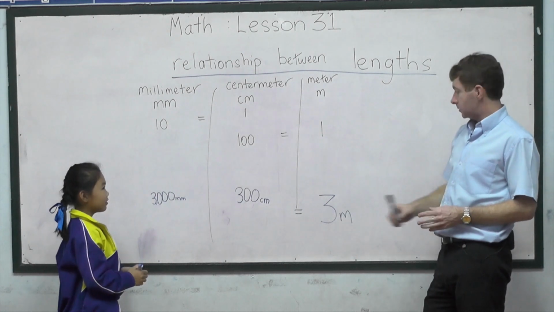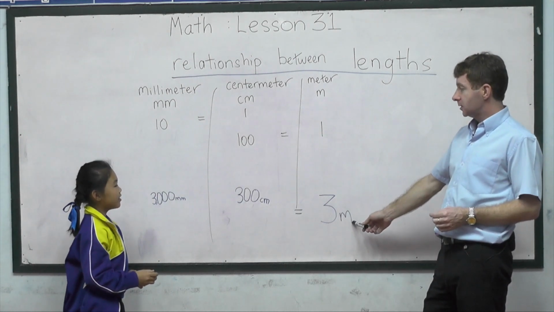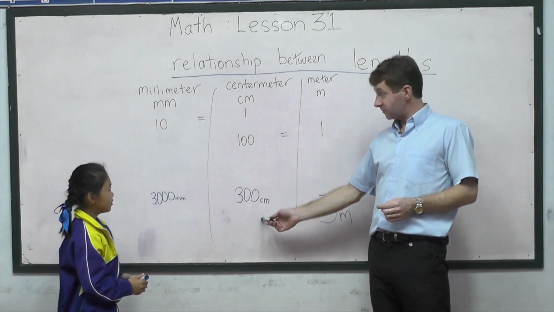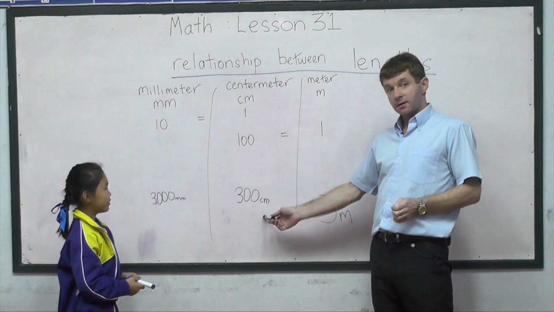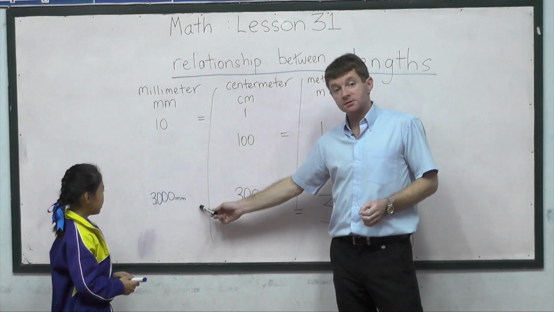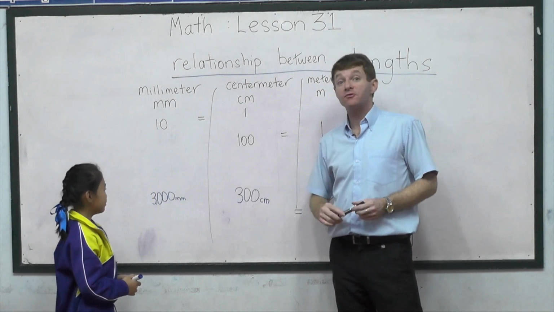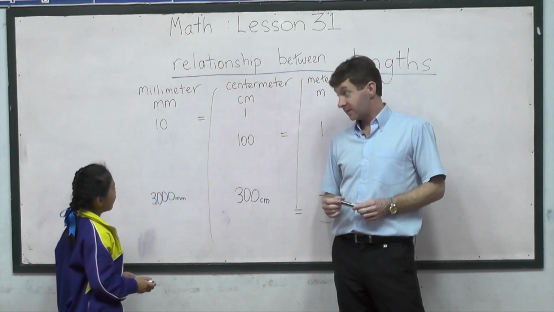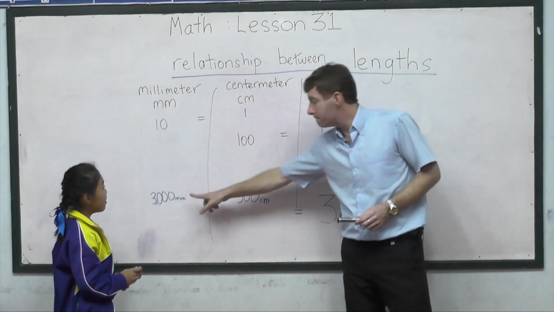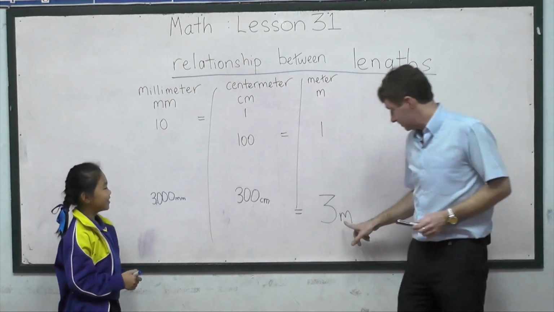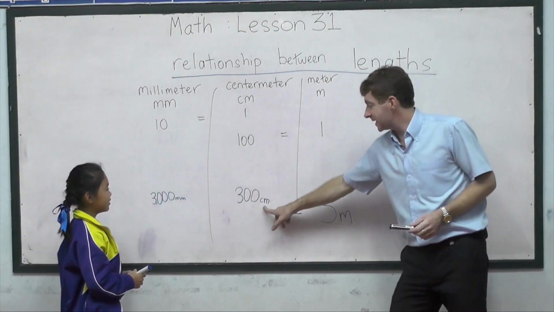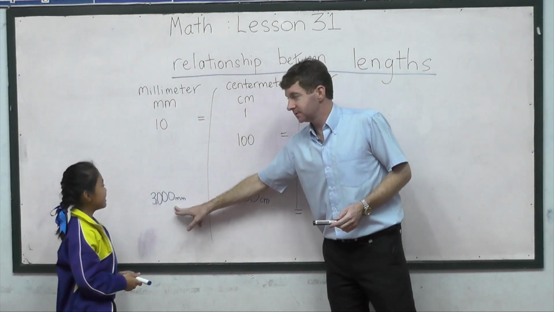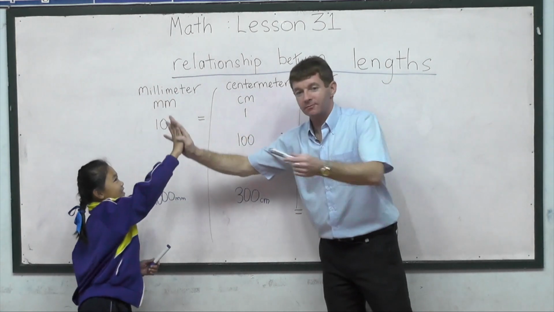So, Nadia, 3 meters equals 300 centimeters equals 3,000 millimeters. Meters, centimeters, millimeters. High five, round of applause.